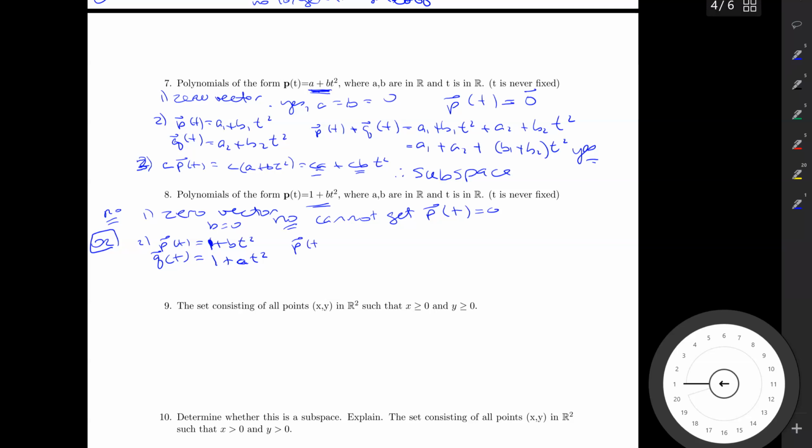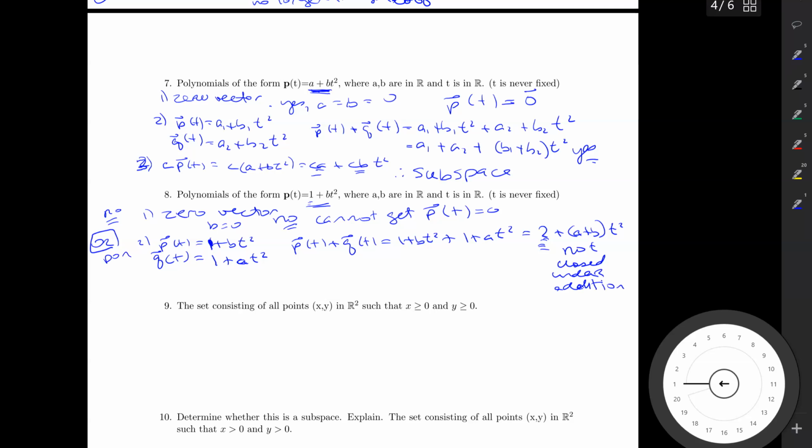If I add these two things together, 1 plus bt squared plus 1 plus at squared gives me 2, and then an a plus b in front of the t squared. So because of this 2, it is not of the correct format. It's not the 1. It is not closed under addition. If I take two things and I add them together, they do not stay in the set.